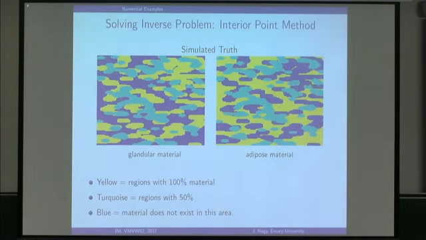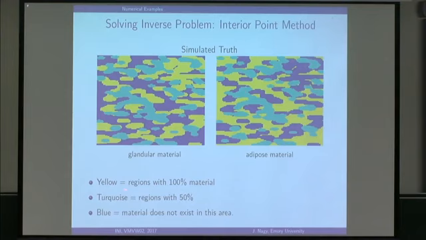All right, so here's the simulated tissue that we did. It's only a 2D problem so that we can run lots of experiments on it. We're going to have two different materials. This is one material, and this is the second material. And this sort of simulates what a breast tissue might look like. The blue means the material doesn't exist, so there's no glandular tissue in this part of the object.